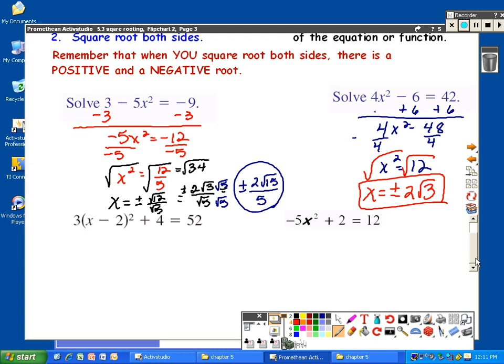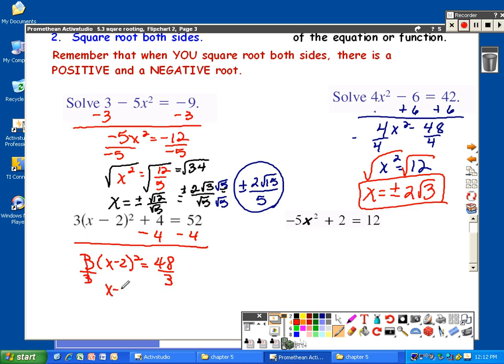Now let's try 3 times (x minus 2) squared plus 4 equals 52. First we would subtract the 4. 3 times (x minus 2) squared equals 48. Then we want the square alone, so I must divide by the 3.